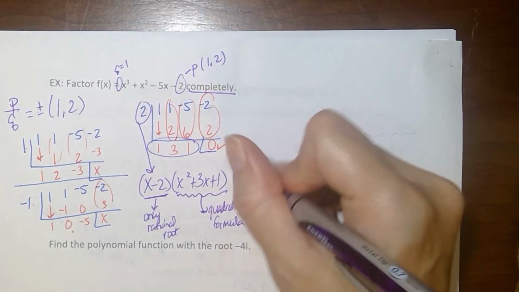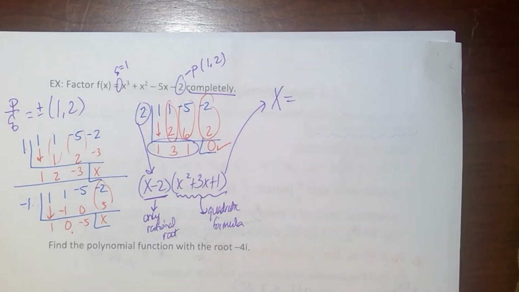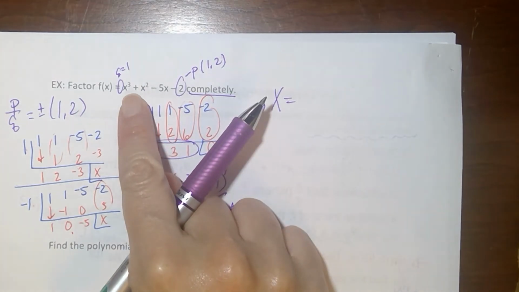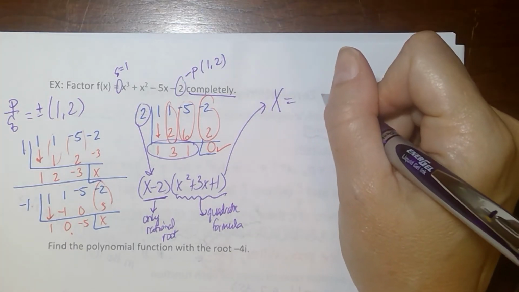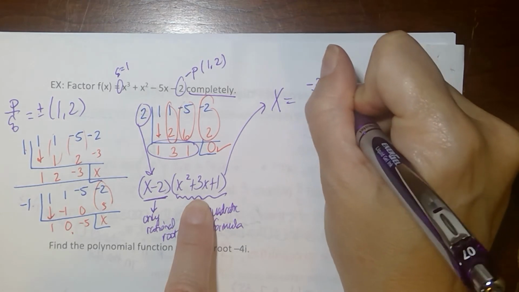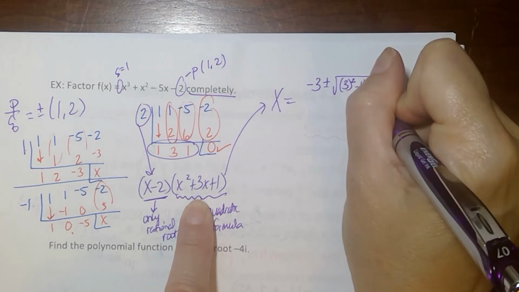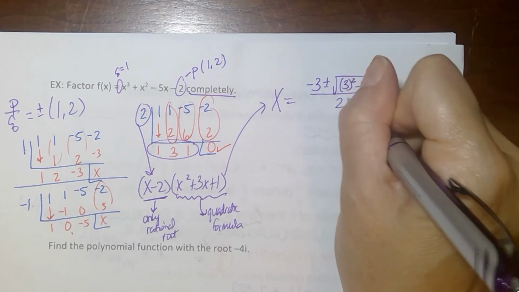So I take my quadratic that is left, and I use my quadratic formula since it's not factorable. I know that the other 2 roots, third degree, I expect 3 roots because of my n-root theorem. I know the other 2 roots are going to be either imaginary conjugate pairs or irrational conjugate pairs. x equals negative b, so that is a negative 3 plus or minus the square root of b squared minus 4 times a times c, all over 2a.